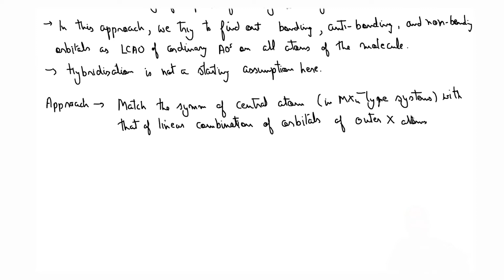This M is called the central atom, and X is called the pendant atoms. And we have seen this approach. These are called SALCs. So we create SALCs using outer X atoms, and then we match the symmetry of the central atom with those SALCs and combine them to form molecular orbitals.